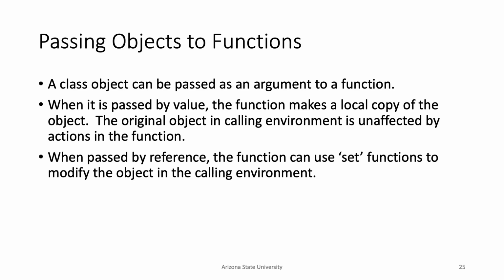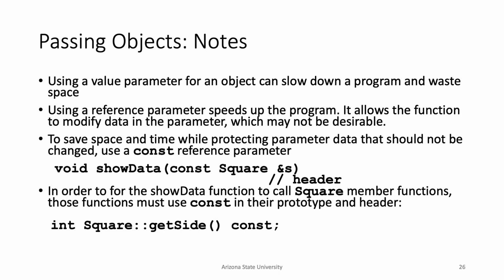Maybe we're transferring some data over to another owner of the account, and we don't want to have to reinitialize every single data member on our own. We want the class to handle it for us. So you can also pass objects to functions. We haven't really talked about that, though. We will once we get to arrays and things like that.